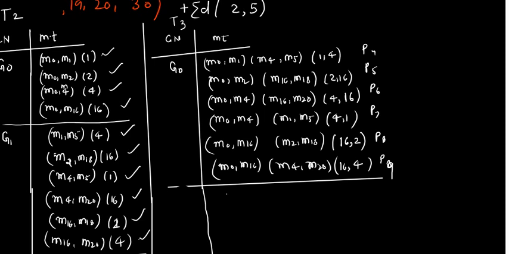Very good. We have to also remove the redundancy. So which ones are they? 1, 4, 4, 1, right? So P4, P5, P6. Correct?